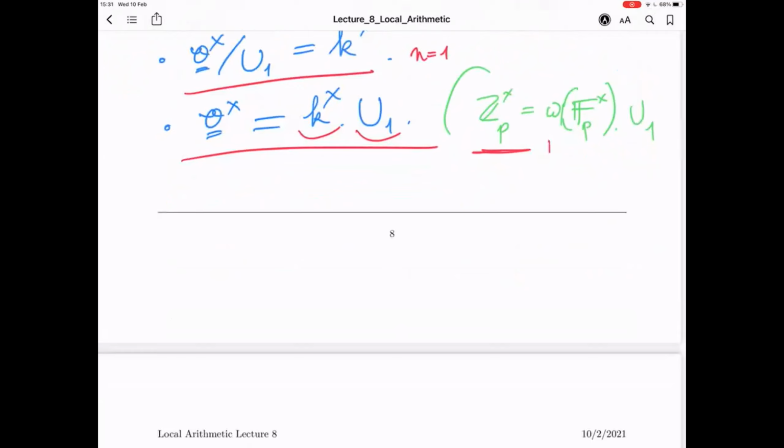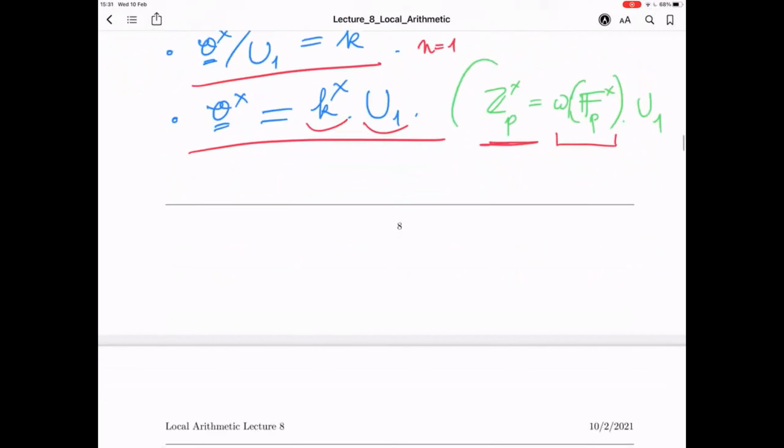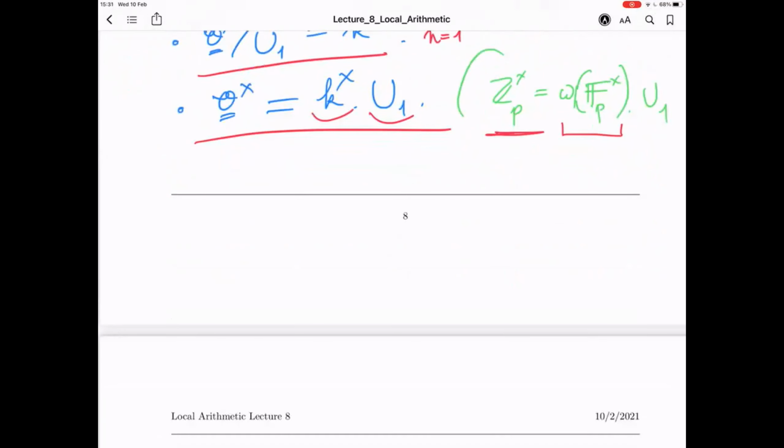As I said, there are lots of similarities between the ring O and the ring Zp, but one difference is that the residue field k is contained in the ring O, whereas here the residue field Fp is not contained in Zp, right?